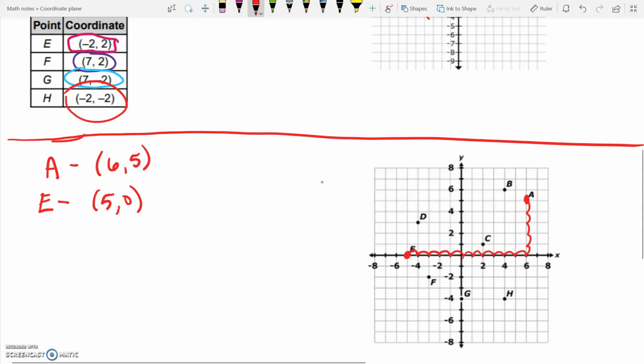Let's look at point H. Okay, so H is going to be, we're going to go over 1, 2, 3, 4 in positives, and then 1, 2, 3, 4 in negative. And let's see if you can get G and F on your own.